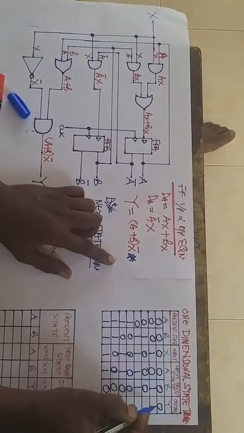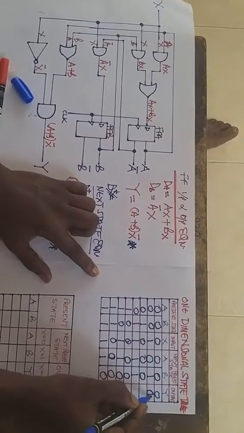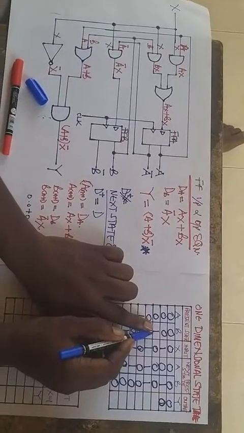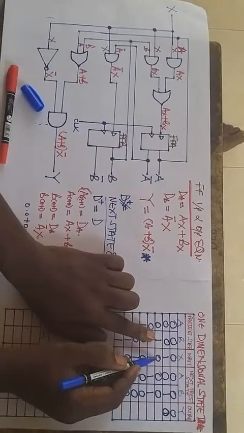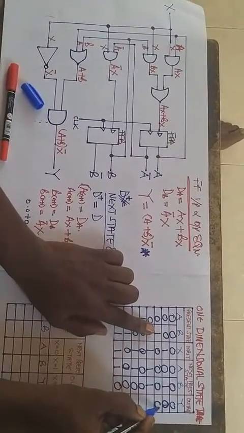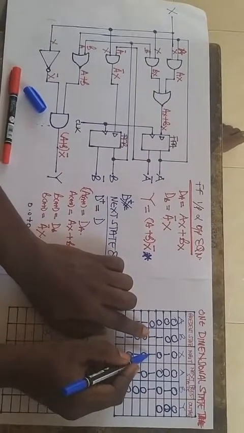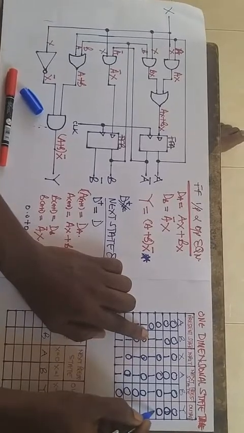So here will be 0. Careful. 0 plus 1 is 1, times 0 is going to be 0. 0 plus 1 is 1, times 1 is going to be 1.